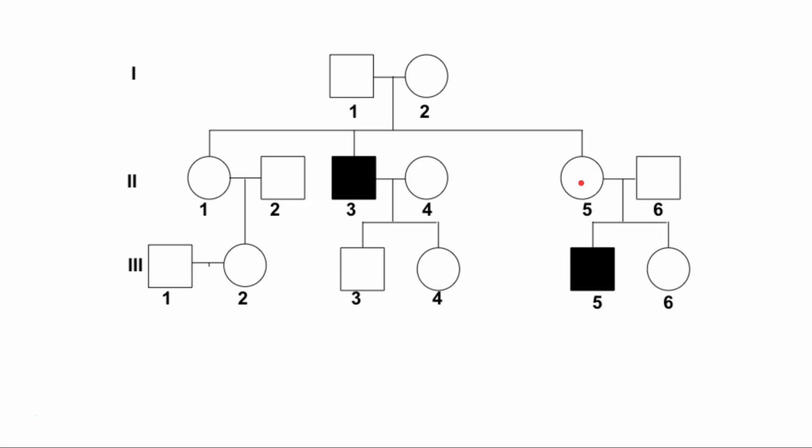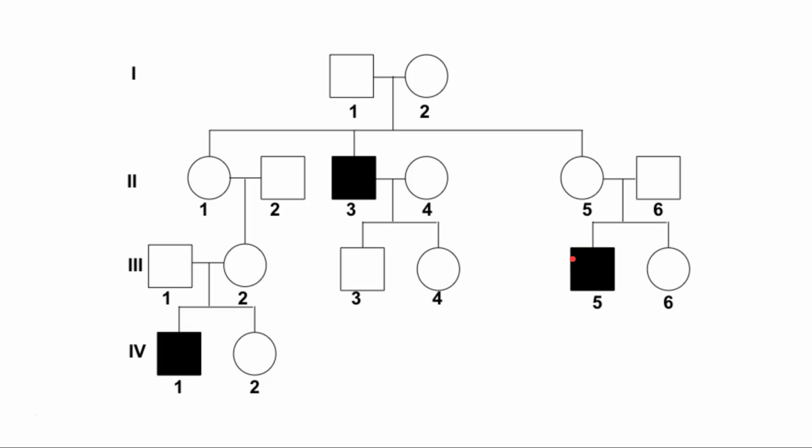And they passed on one recessive allele to their daughter. So her chromosomes have one recessive allele because her son wound up getting this.